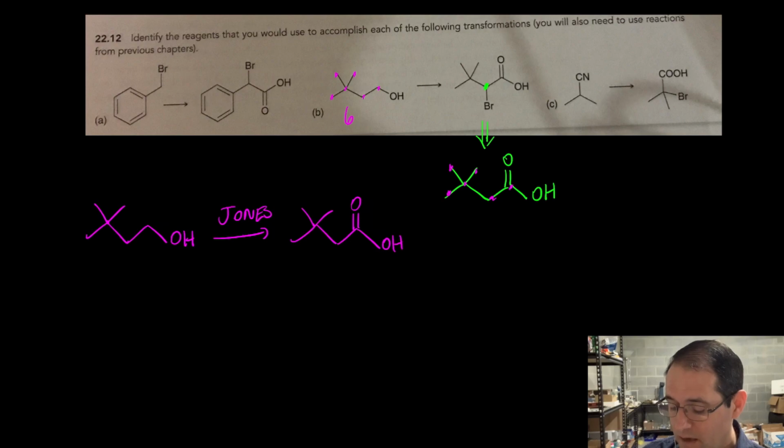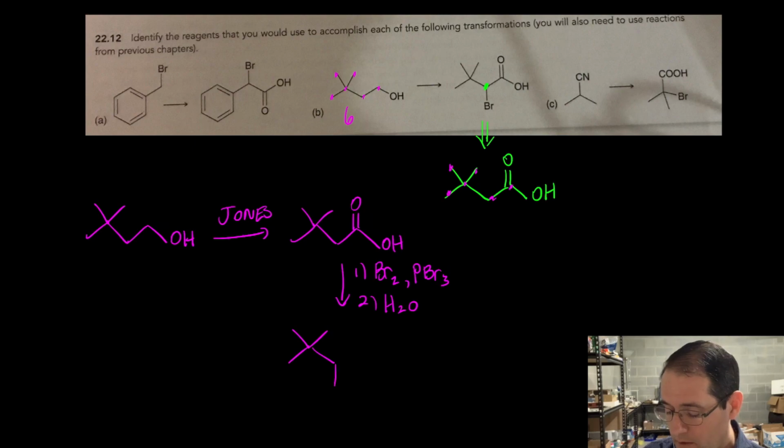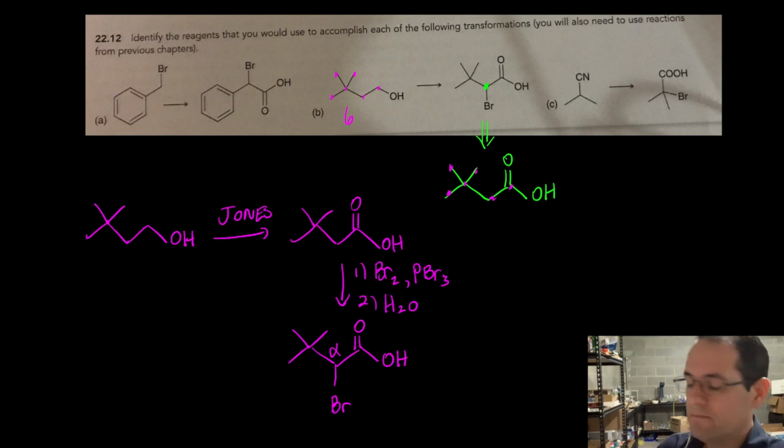And then we can treat this with bromine, phosphorus tribromide, and step 2, water. This will install that halogen on the alpha carbon there, the alpha carbon. And we're done.